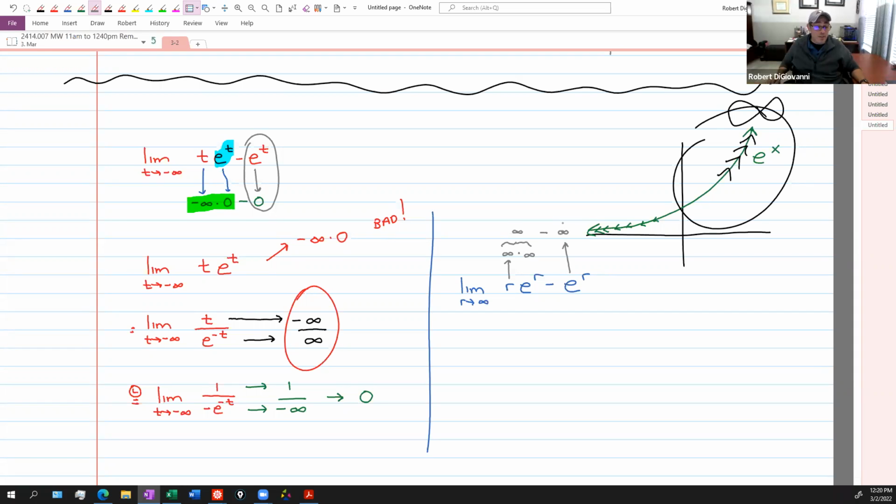So how do we deal with infinity minus infinity? Remember how to deal with that? Would it factor out e to the r? You try and factor. Exactly. So I'm going to try and factor. I can pull an e to the r out of both of these, right? They both have an e to the r. And now let me just check it again. What happens is I let r go to infinity.